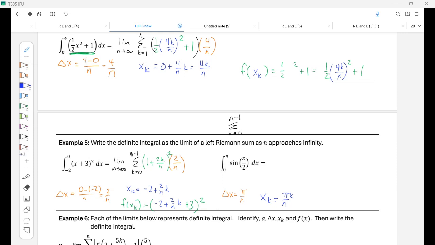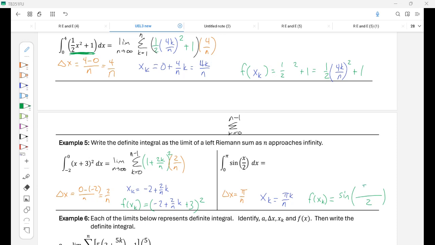And then that makes our f of xk, without any simplification, and again, worst case scenario, just don't simplify it, the sine of something over 2. I made that bar excessively wide just to emphasize that my thing needs to get divided by 2. And that thing is the xk.